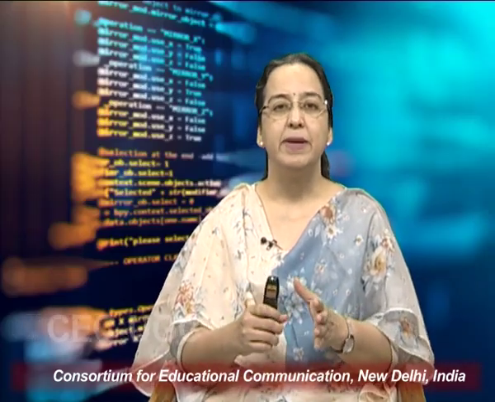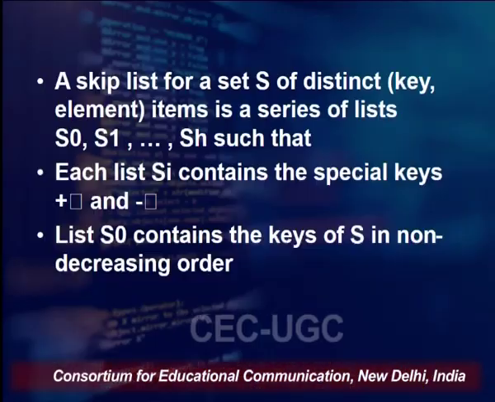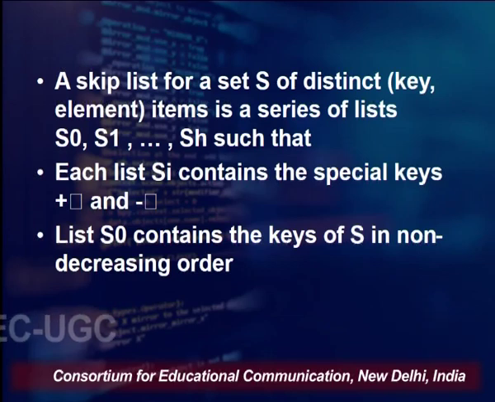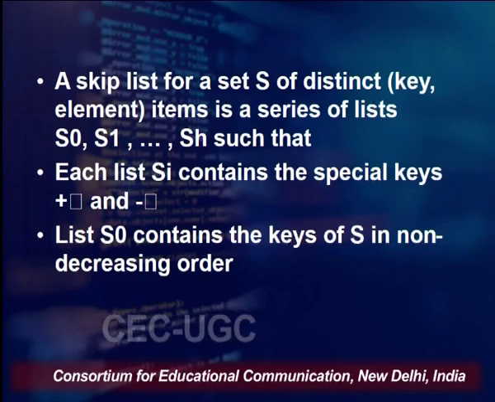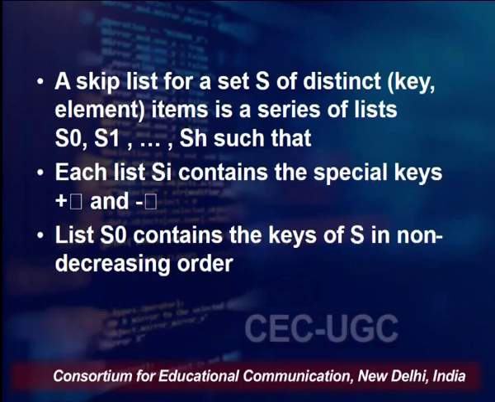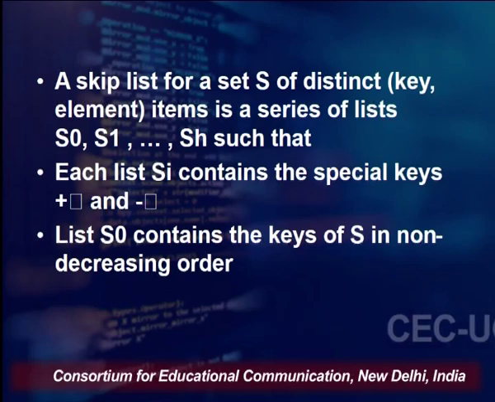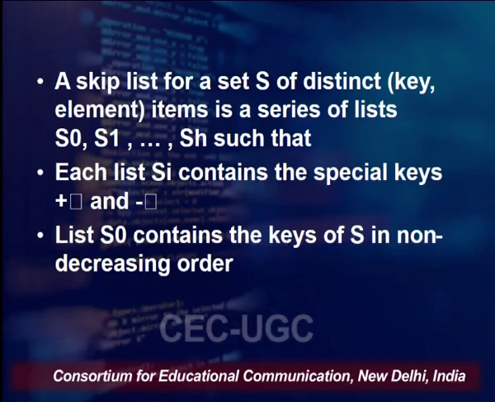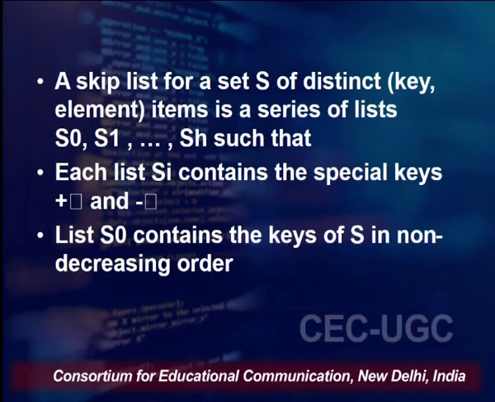So a skip list for a set S of distinct items, I am taking the items as distinct, is a series of lists S0, S1, up to SH.